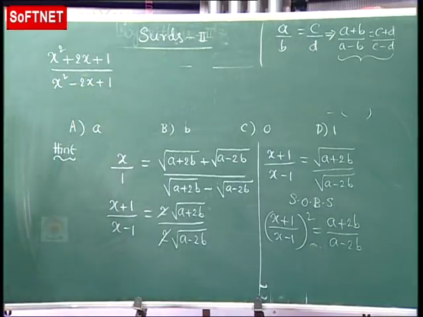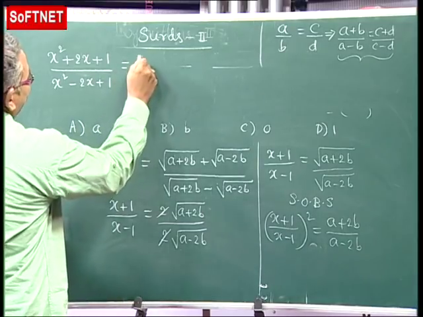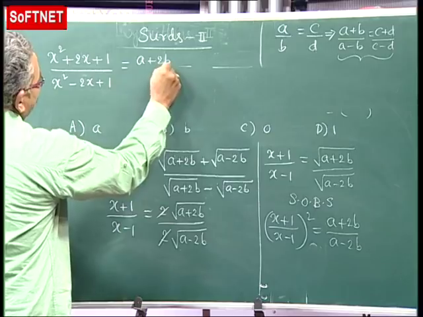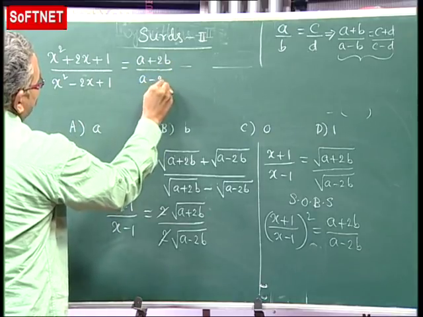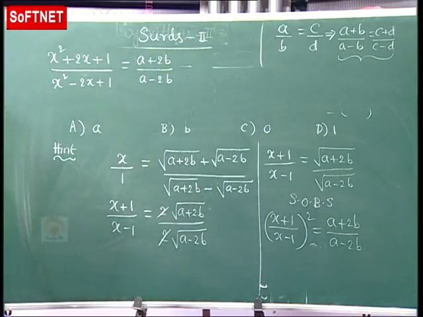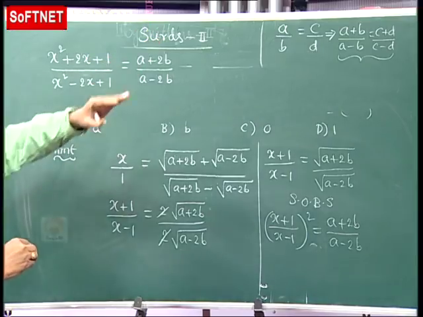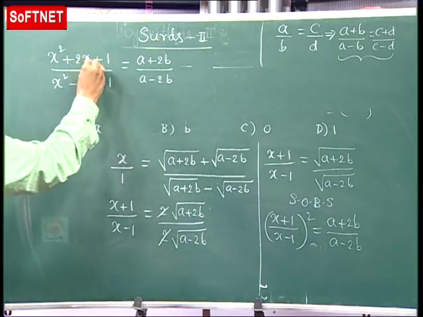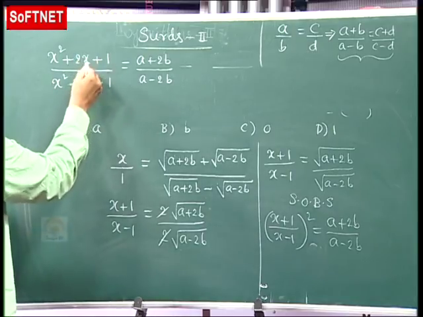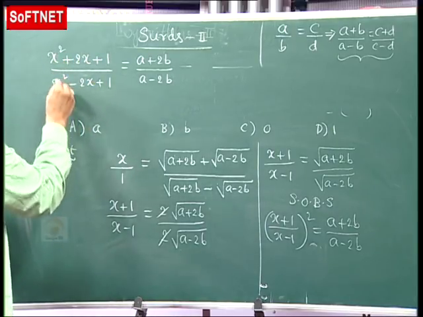Check it. Okay. This is equal to a plus 2b by a minus 2b. Again apply componendo dividendo. This plus this. So 2x gets cancelled.